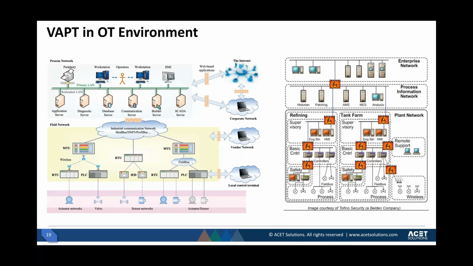Let's talk about the VA. If it's a systematic VA, you would start at every level. First, like I said, you will make a checklist of which items you would like to check. And then you will check it over here at the RTU level, at the PLC level. On this, it looks like an inverted wireless network. On this MTU, at every level, you will make a checklist and check for whether the vulnerabilities exist or not.